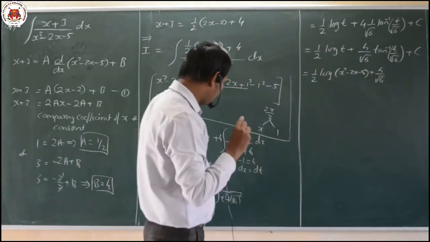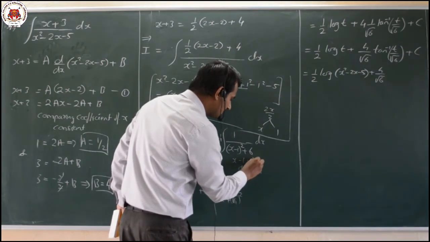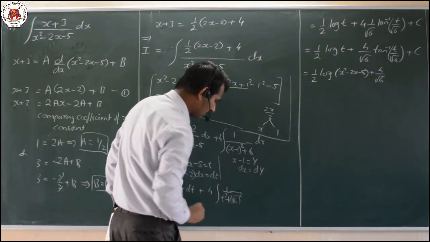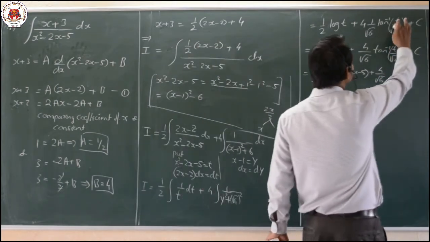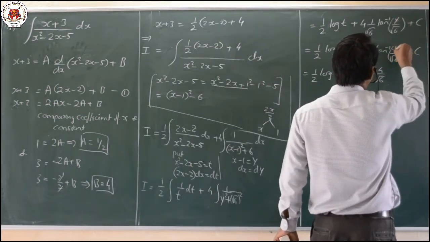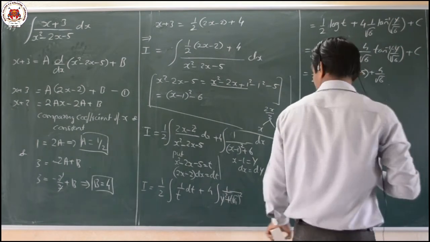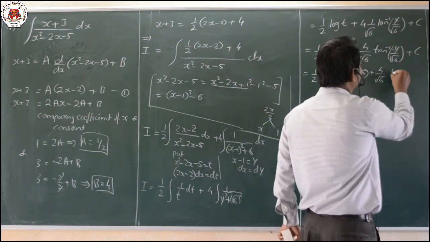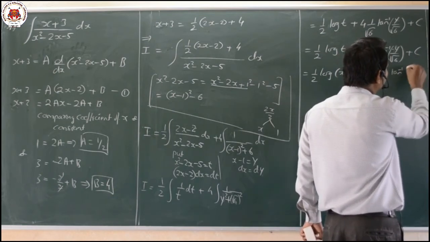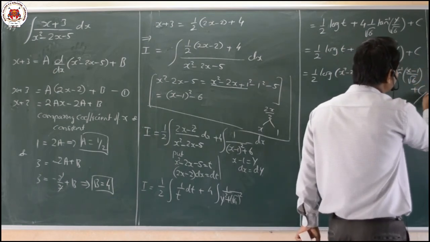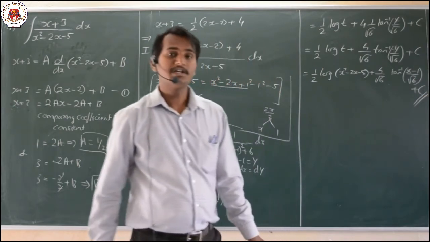To avoid the confusion, let us take it as y here. So y means x minus 1 divided by root 6, tan inverse of x minus 1 divided by root 6 plus an integral constant c. That is nothing but our required result.